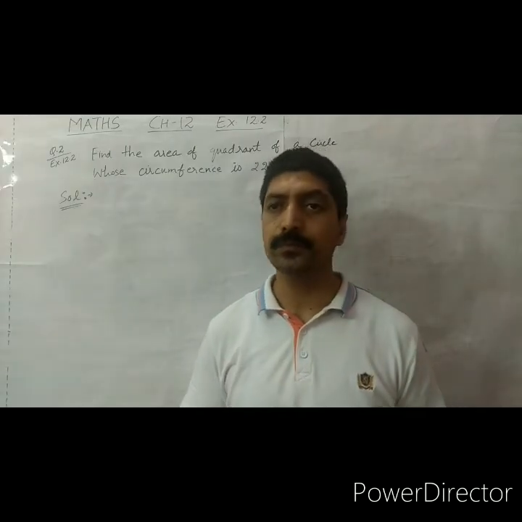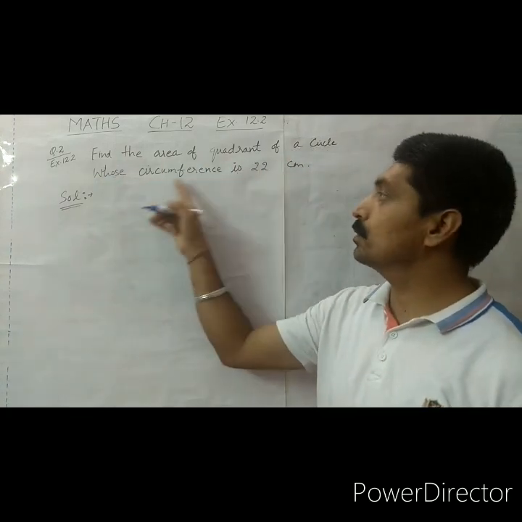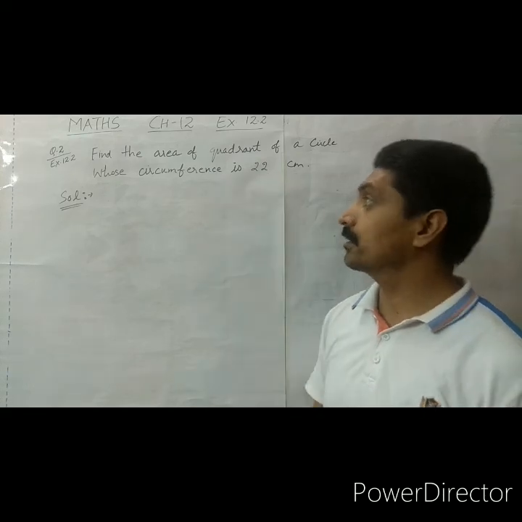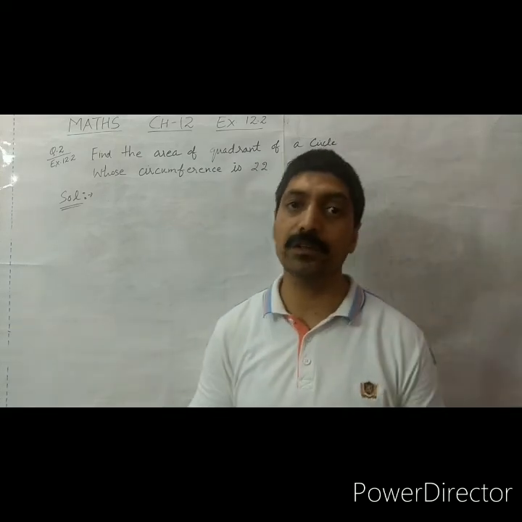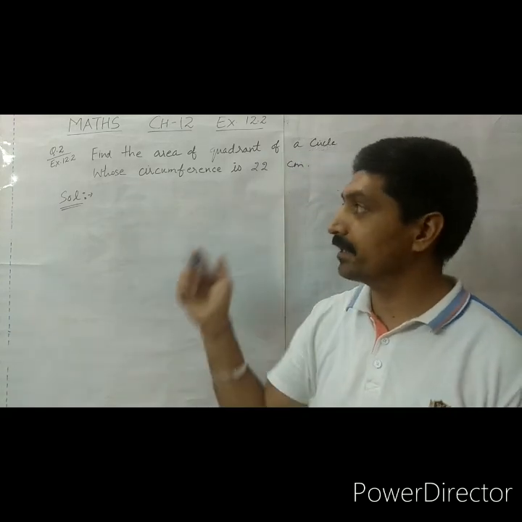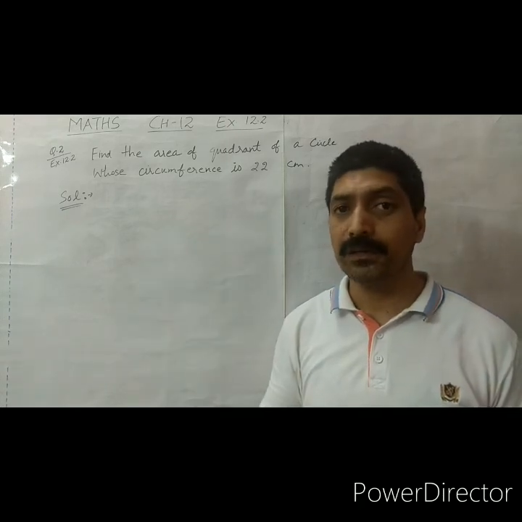Question number 2. Find the area of the quadrant of a circle whose circumference is 22 centimeter. Now here radius is not given. From circumference we have to find the radius, and then we can find the area of quadrant.